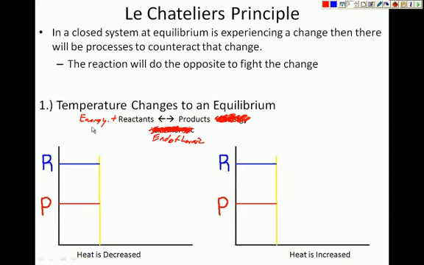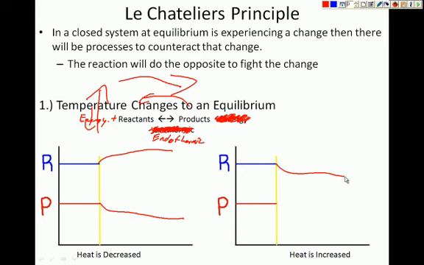So if heat is decreased, this is decreased, then everything is going to shift this way to increase the energy, and therefore reactants will go up and products will go down. Okay? And if energy is increased, then the reaction will go left, shift left, and that means the reactants will go down, the products will go up, okay, until it reaches a new equilibrium.